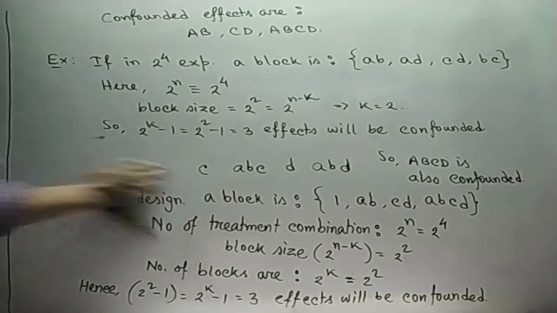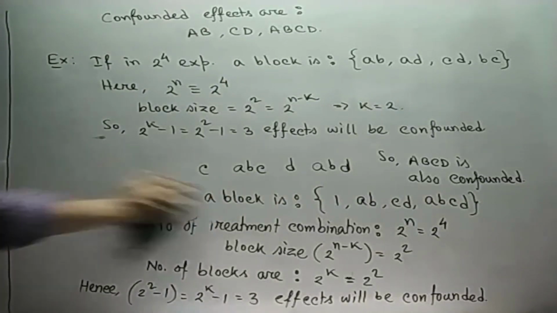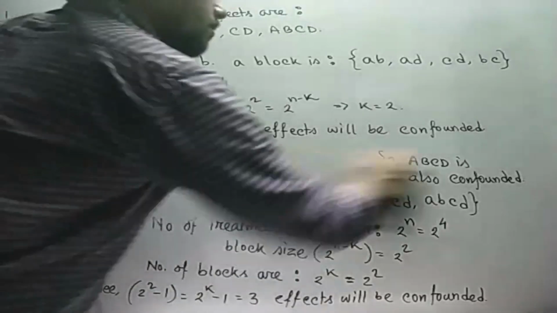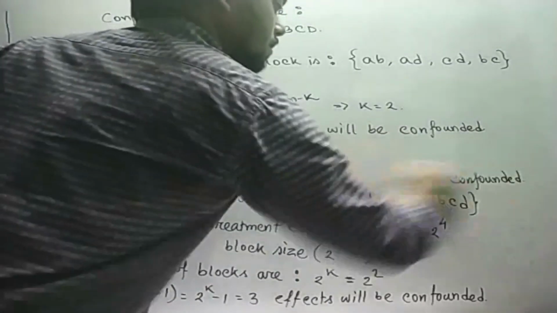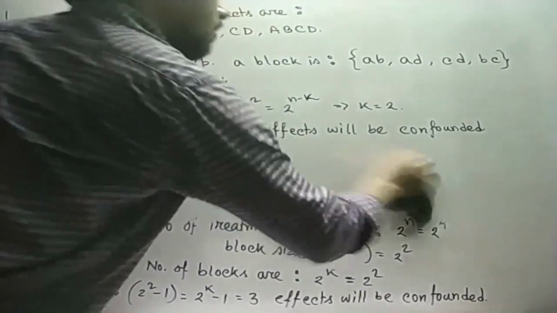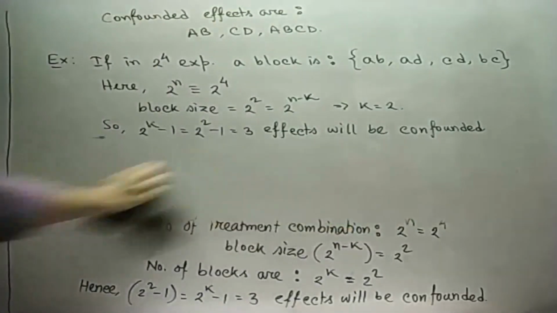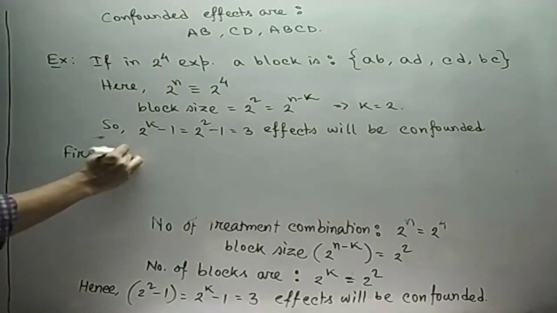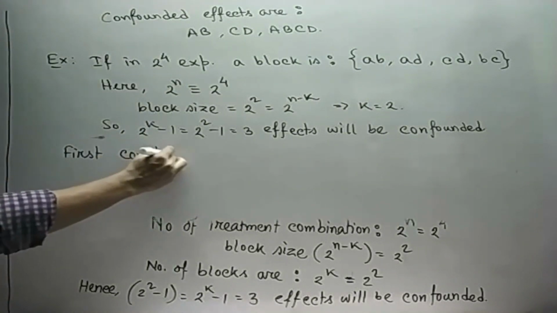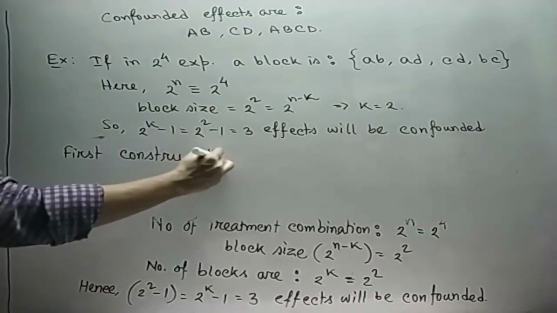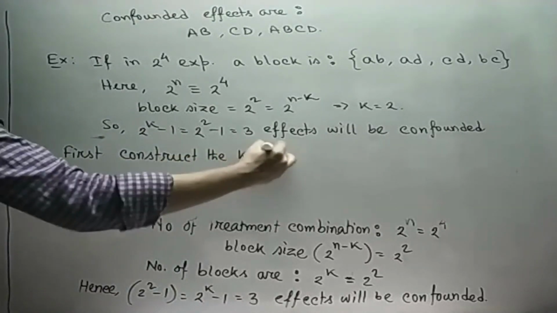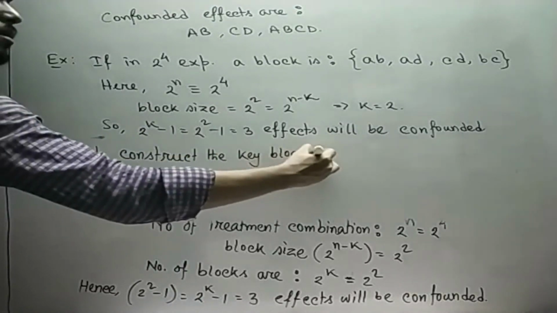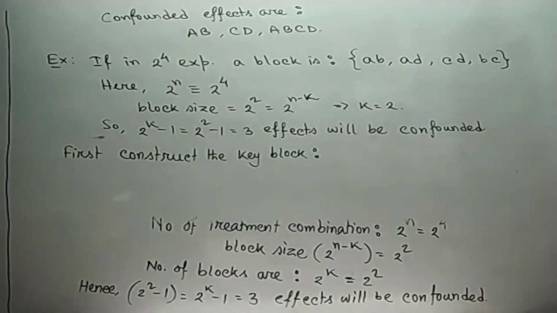Now we just have to find those 3 effects. To find those 3 effects, we first have to construct the key block. So how can we construct the key block?